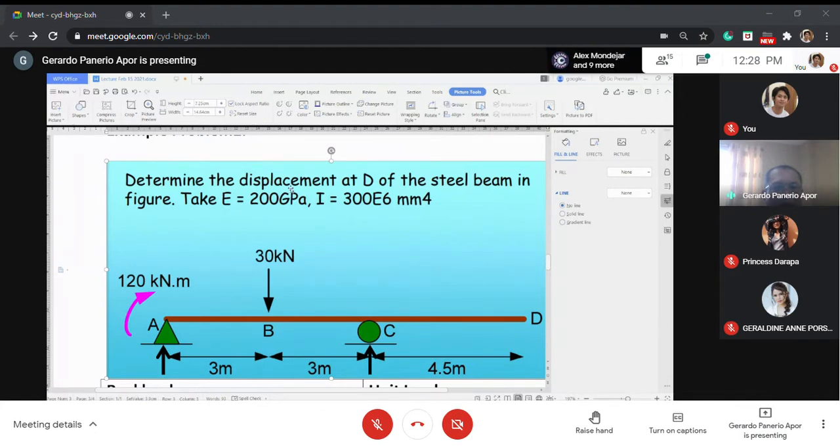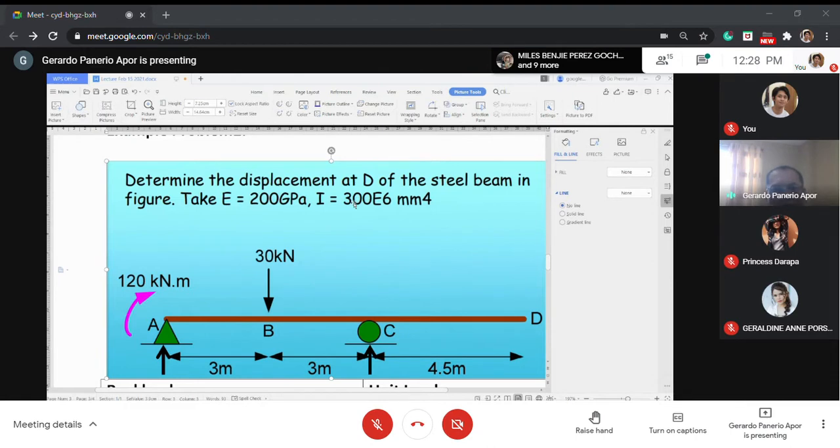determine the displacement at D of the steel beam in the figure. Now make sure that the value for the modulus of elasticity and the moment of inertia are there, because if one of them is absent, it does not mean that the material does not exist. For example, if E is zero, a material with zero property does not exist. How about if there is no dimension?